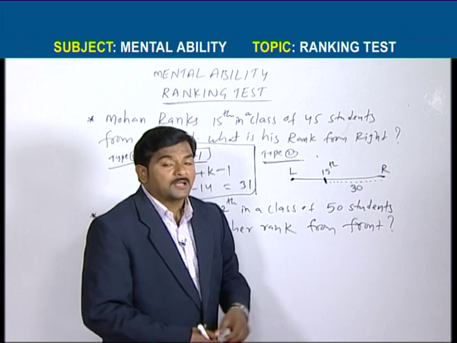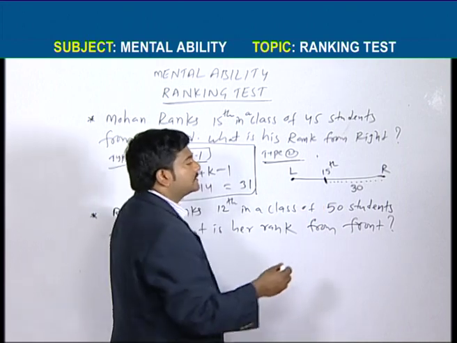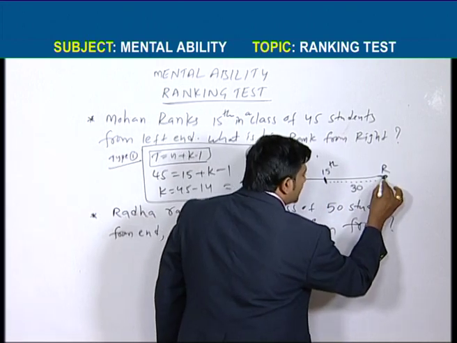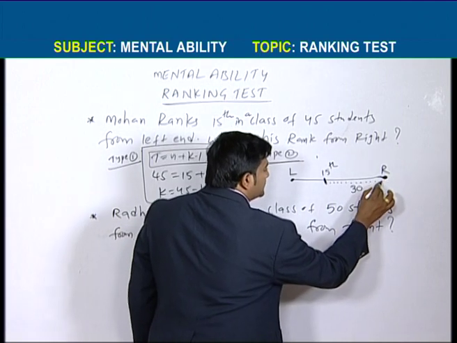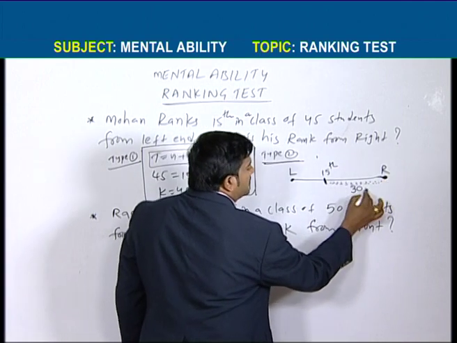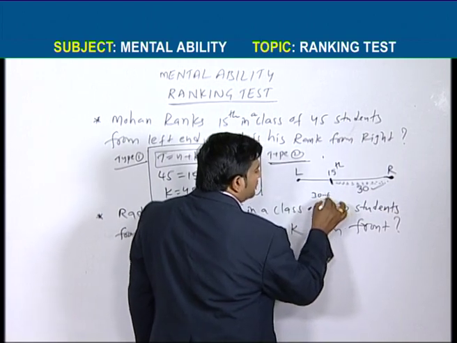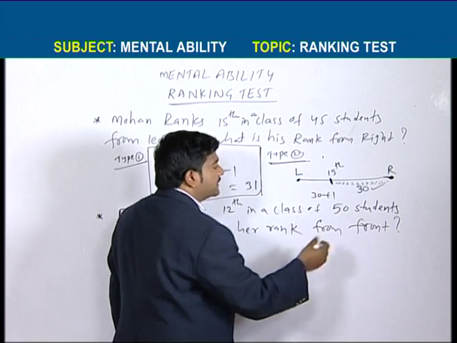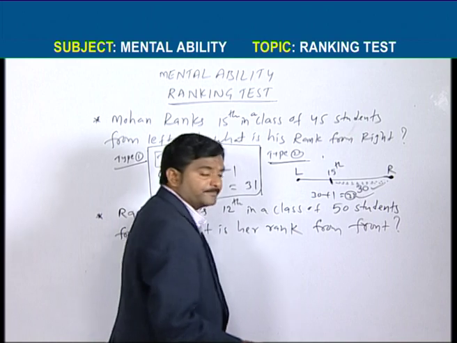Now I have to find Mohan's rank from the right end. If I take this as my starting point, from this right side up to Mohan, how many are there? 30 are there. So these 30 plus Mohan, adding Mohan's position, 30 plus 1, how much am I getting? 31.